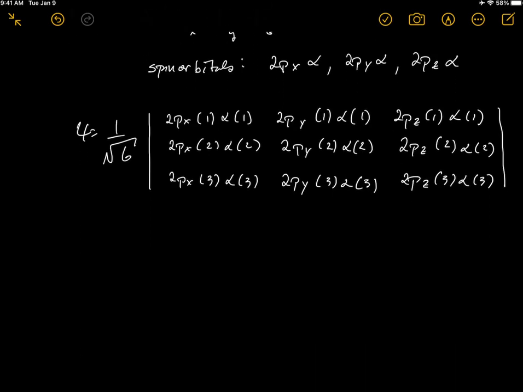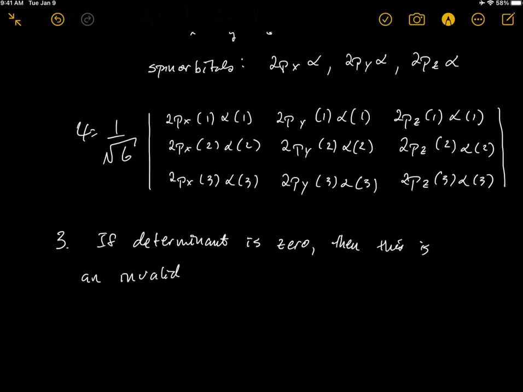And one thing that's built into this is that if the determinant is 0, then this is an invalid electronic configuration.